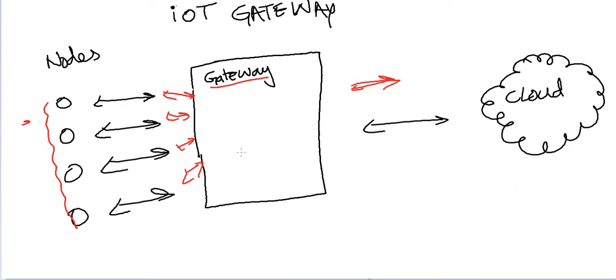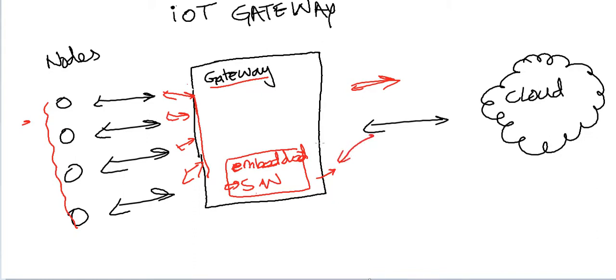So this gateway has in its storage space embedded software that makes it possible to collect data from all these sensors that may be sending data using several different networking protocols, and then it processes this data, analyzes this data, and sends it using some other networking protocol to the cloud, or any one of these protocols that it has taken the data as input from.